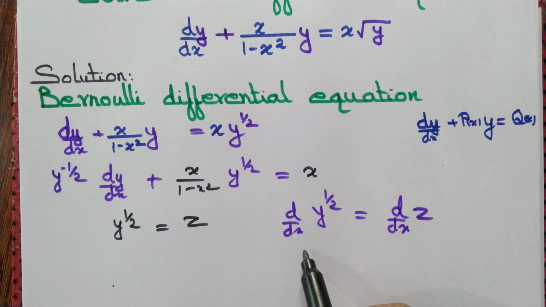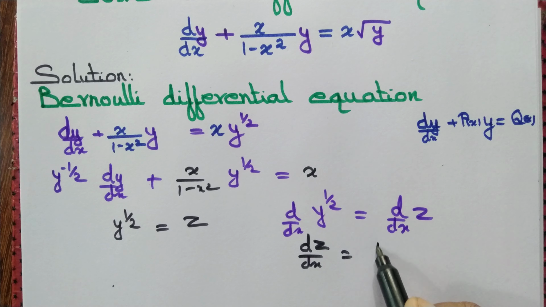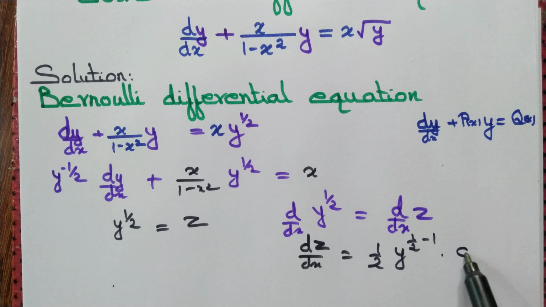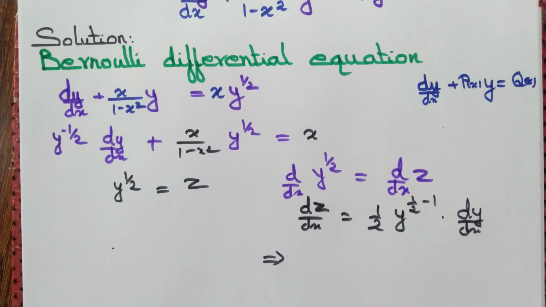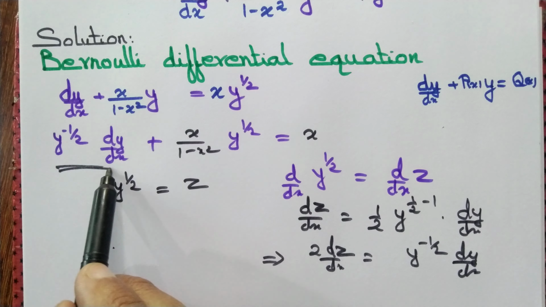In other words, dz dx equal to, if we differentiate, we need to apply chain rule. So half y to the power half minus 1 and then dy by dx. And so we can write 2 dz dx equal to y to the power minus half dy by dx. That we can substitute here.